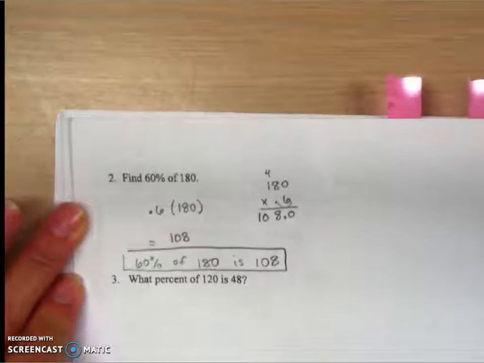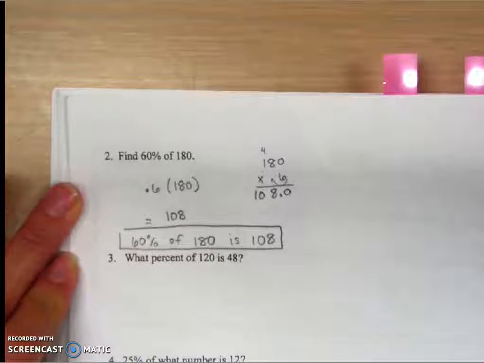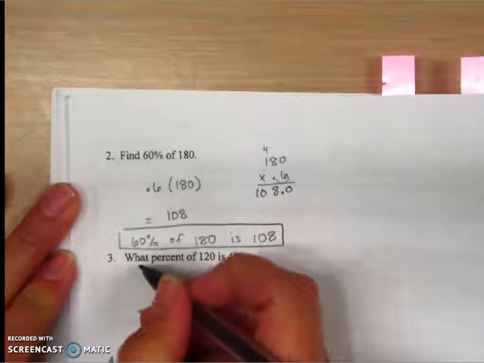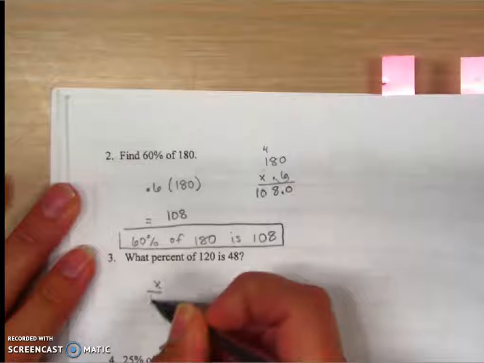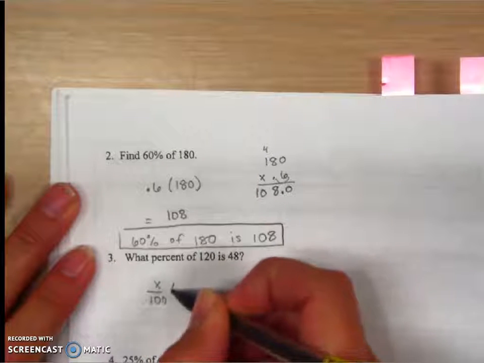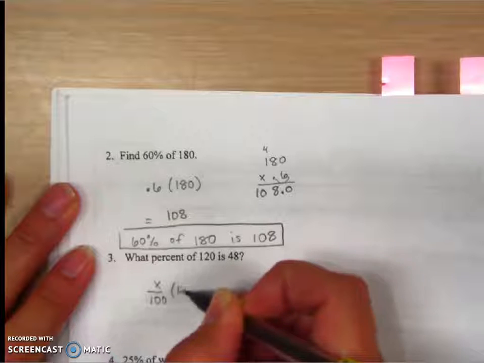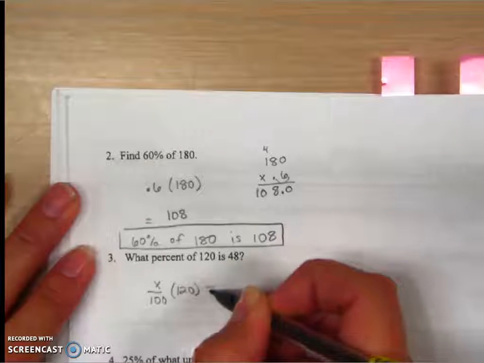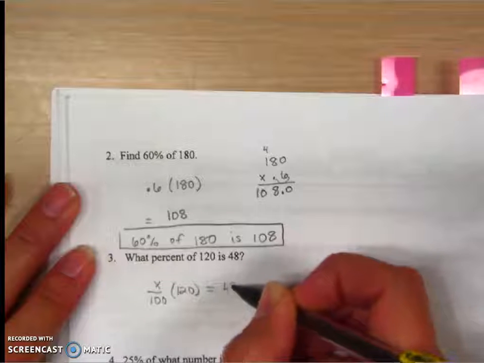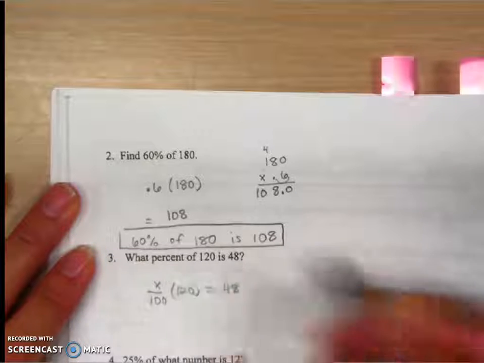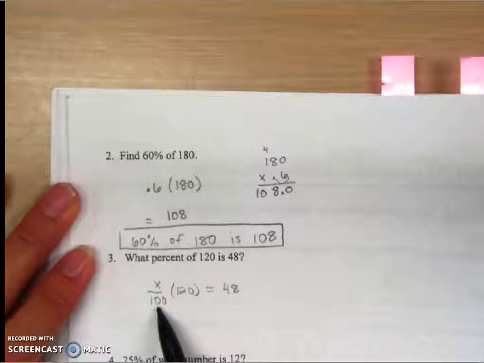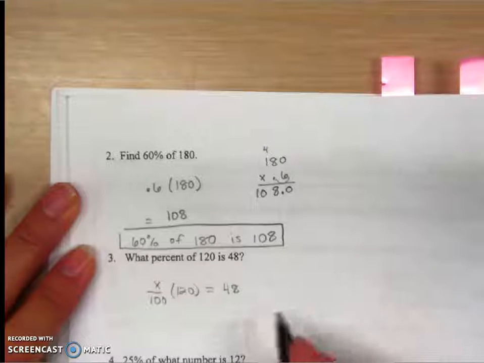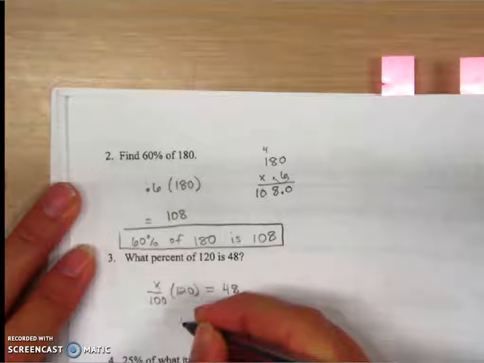What percent of 120 is 48? So remember, this is the same thing we were doing in the last lesson. What percent? X over 100, of means multiply. 120, is means equals. 48 is just 48. All right, in this situation, we can divide that. 120 divided by 100, let's see, that's just gonna be 120 hundredths would be 1.2.